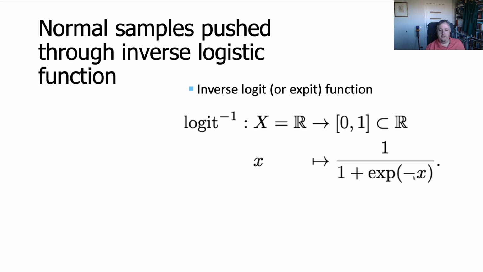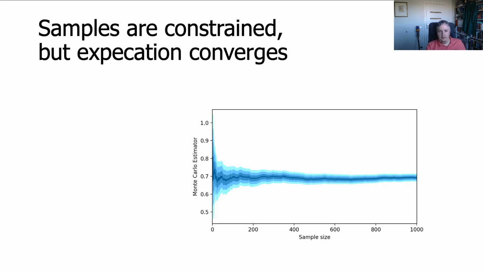You can easily see that if x is minus infinity, then this is 0, and if x is infinity, then this will be 1, and all values between will give some numbers inside.